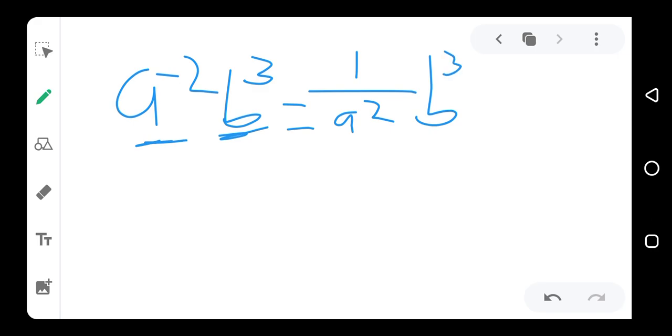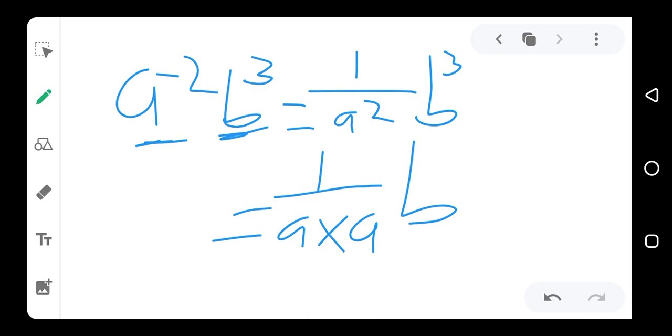Now here we have converted everything to positive. Now we find the expanded form of 1 over a raised to power 2, and then the expanded form of b raised to power 3, which is now equal to 1 over a times a, and then b times b times b.